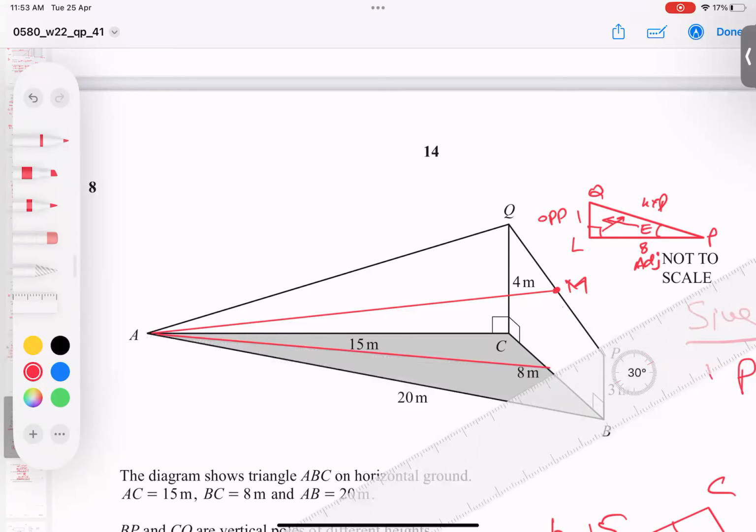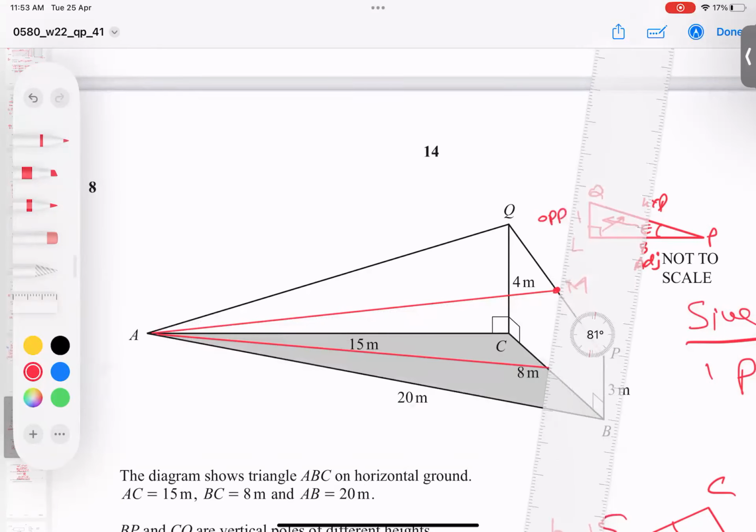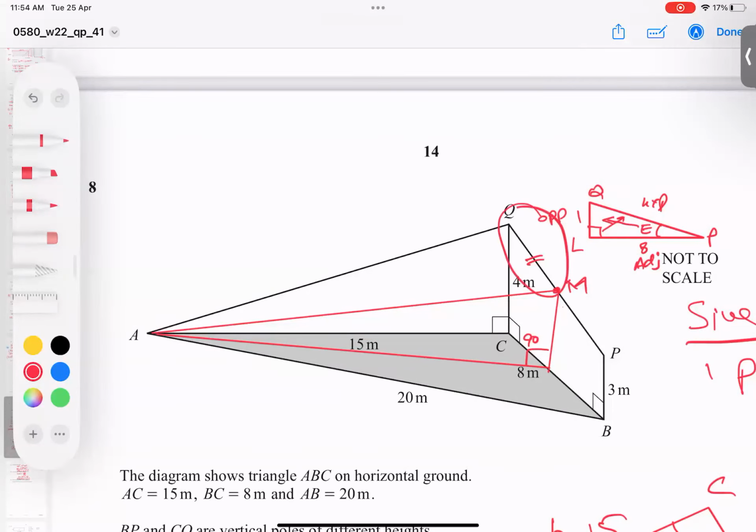Okay, and I'll join them. And this is 90 degrees. I hope you got the point. I repeat, joining A with the midpoint. So this Q to M gap and M to P gap are equal to each other. Okay, I think this point is very clear.